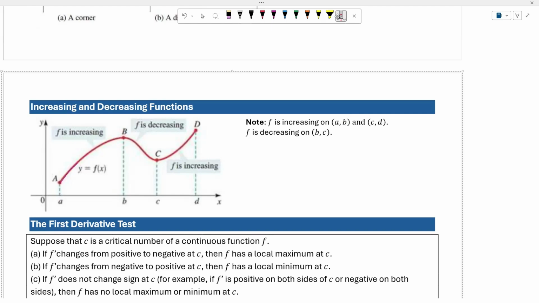However, I need to warn you that some of the authors believe that at this moment right here, if you are increasing from the left, then you are still increasing at x equal to b. So some of the authors, instead of writing open, use a closed interval.